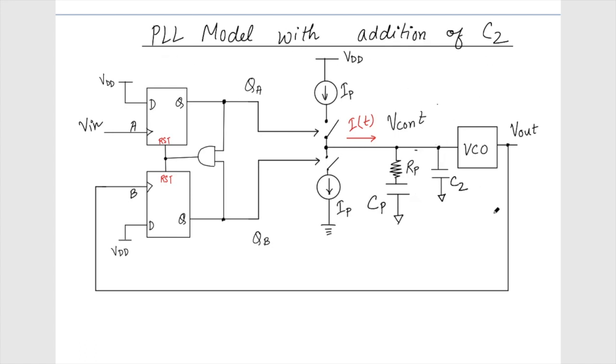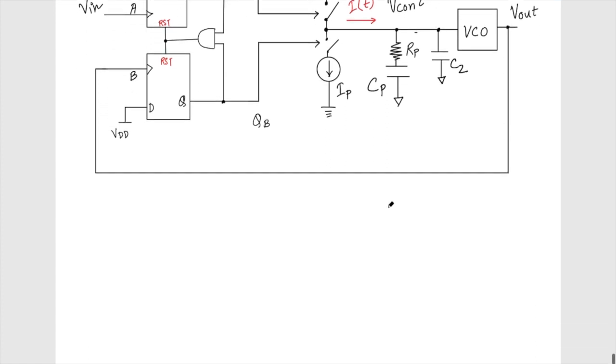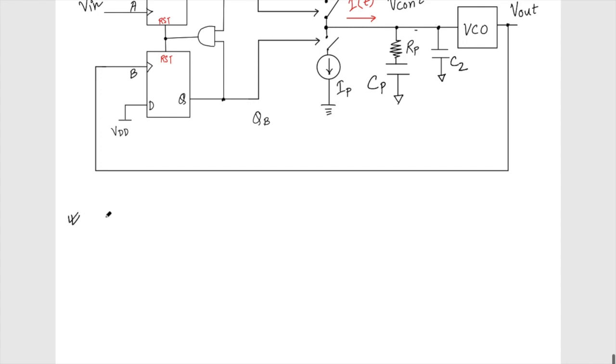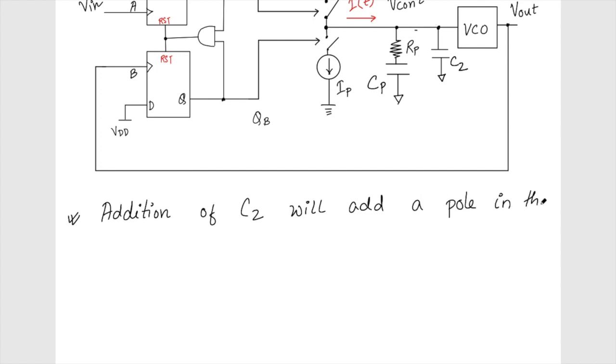As soon as we add this C2, it's going to add a pole in the transfer function.